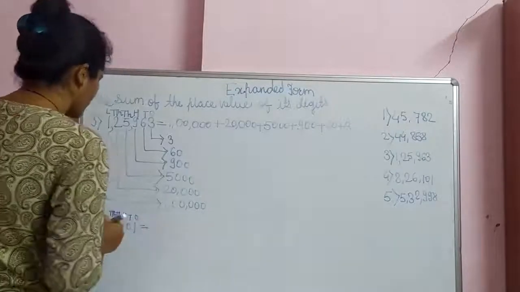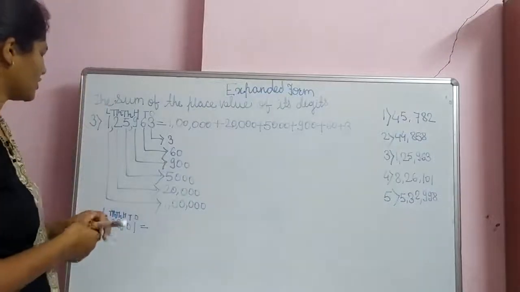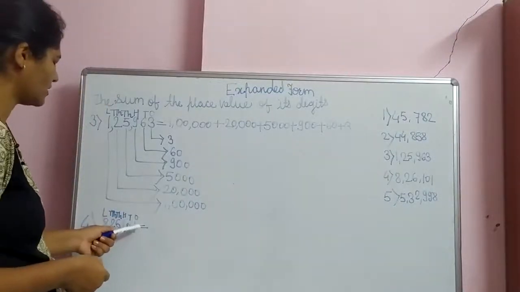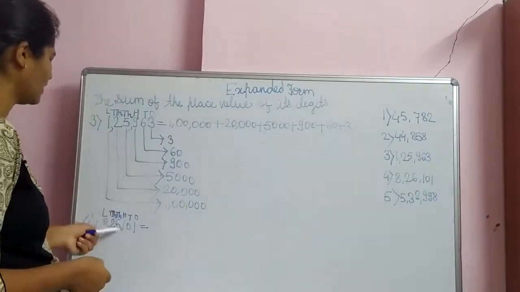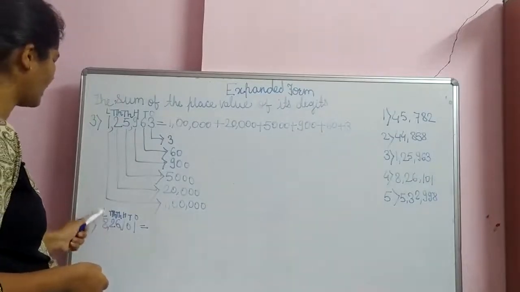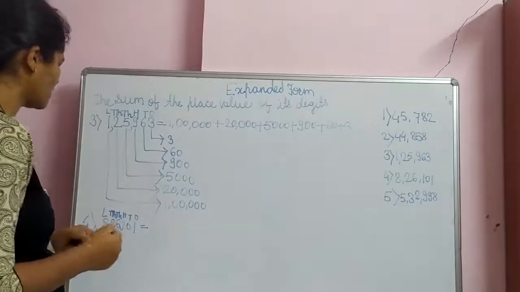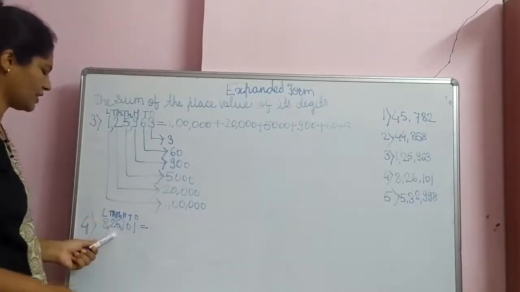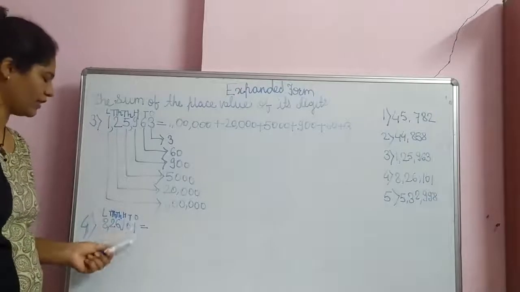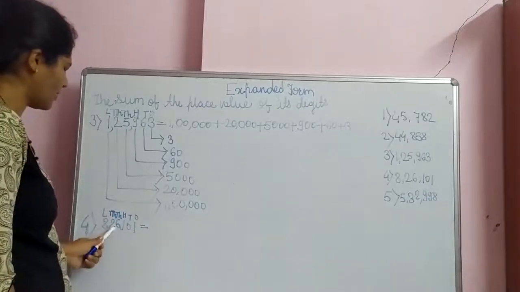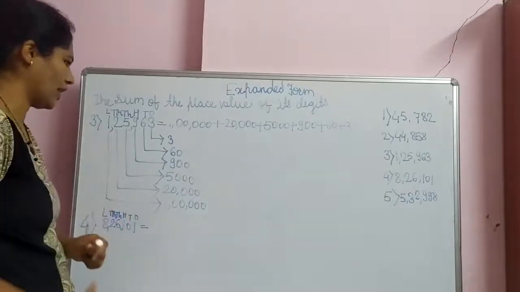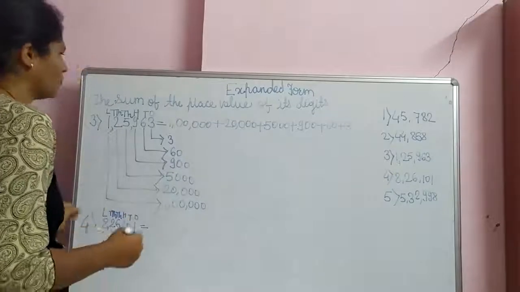So what is the place of 1? That is ones. Then for 0, tens. Then 100 for 1, 6 is 1,000, 2 is 10,000 and lakh 8. So what is this number? We read 8,26,101. Once again we read it. 8,26,101.